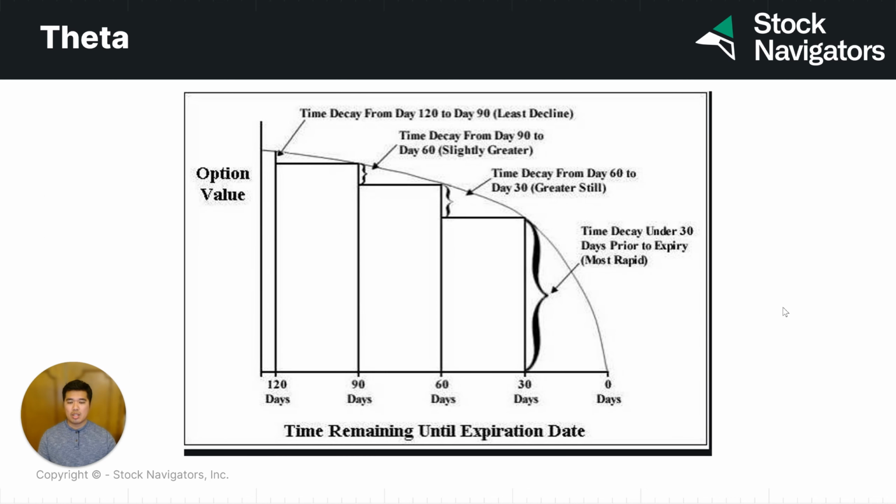This is an example of how time decay will increase rapidly in the last 30 days of an option. Let's say you purchase an option that is 120 days out until expiration. As each day goes by, the time decay will subtract some value from the premium of your option.